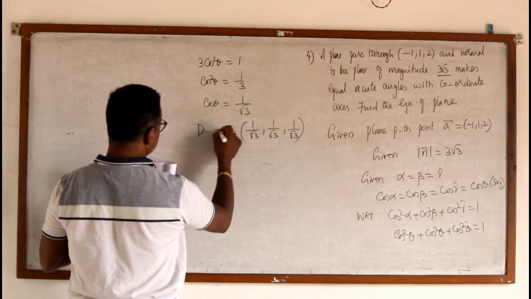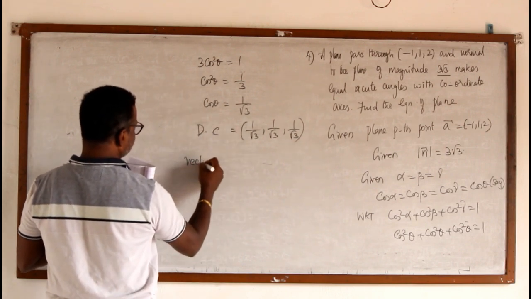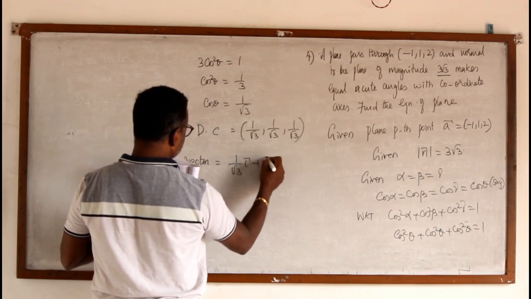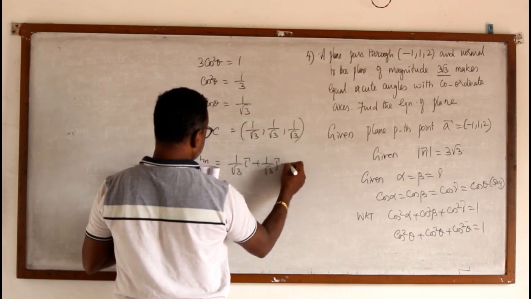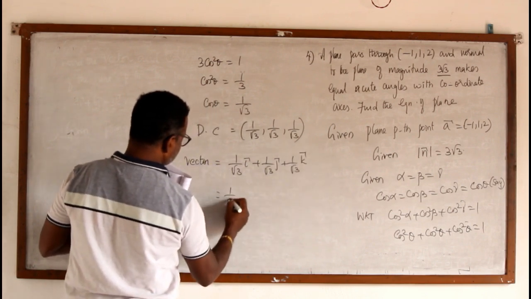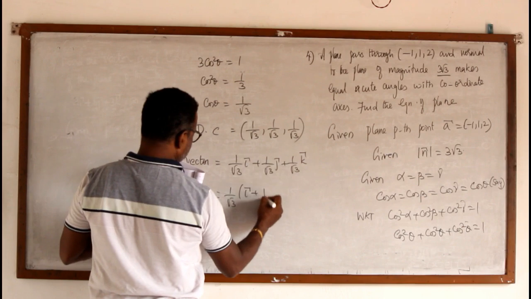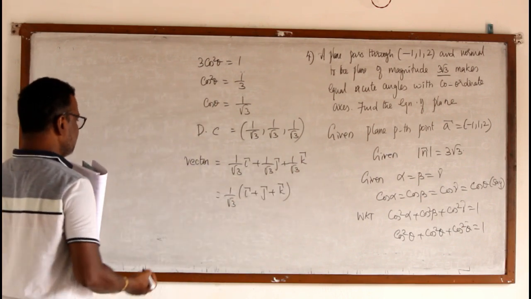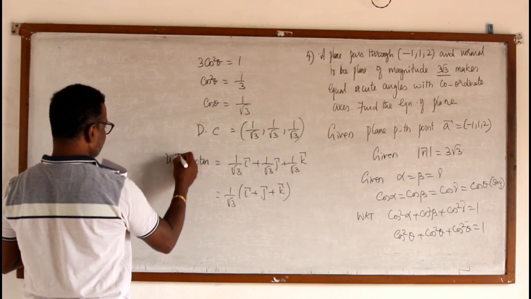This is the direction cosine. Therefore, the vector is 1 by root 3 i plus 1 by root 3 j plus 1 by root 3 k. That is 1 by root 3 into i plus j plus k. Remember, if I take modulus, this will become 1. Therefore, this is a unit vector.